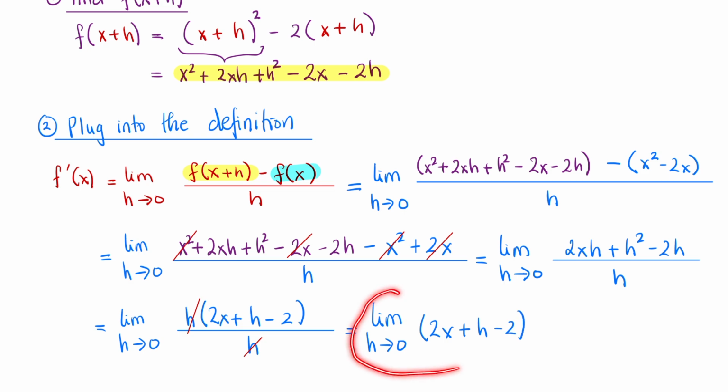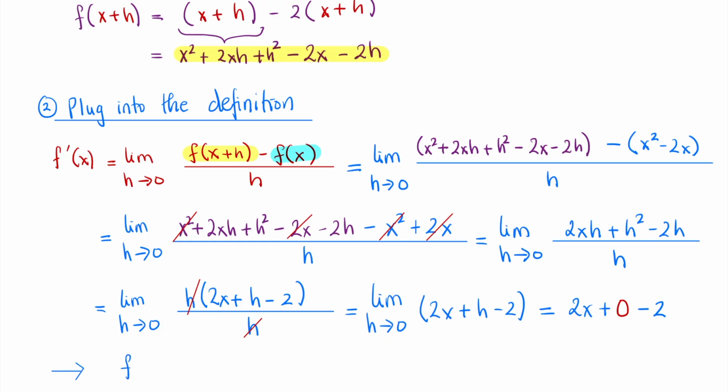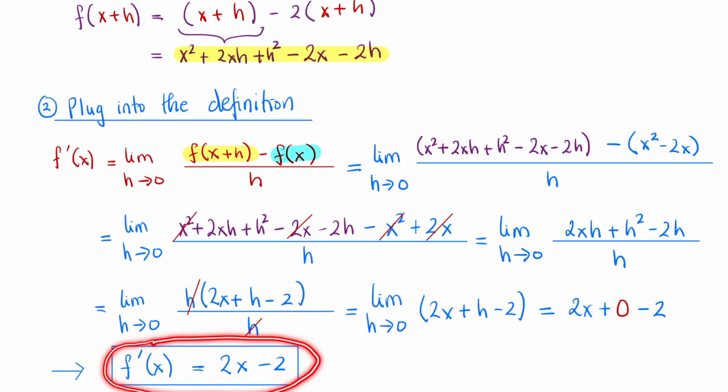Next, we'll take the limit. I'll substitute h with 0. And I have 2x plus 0 minus 2, which is 2x minus 2. Therefore, the derivative f prime of x equals 2x minus 2.